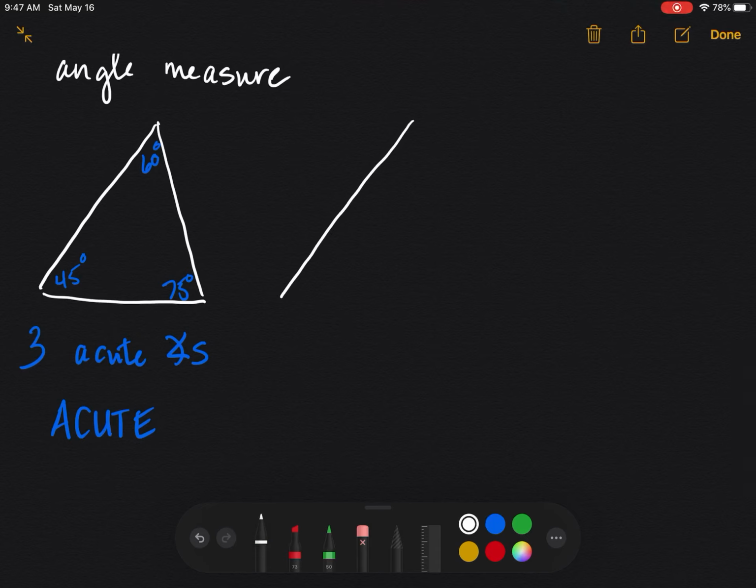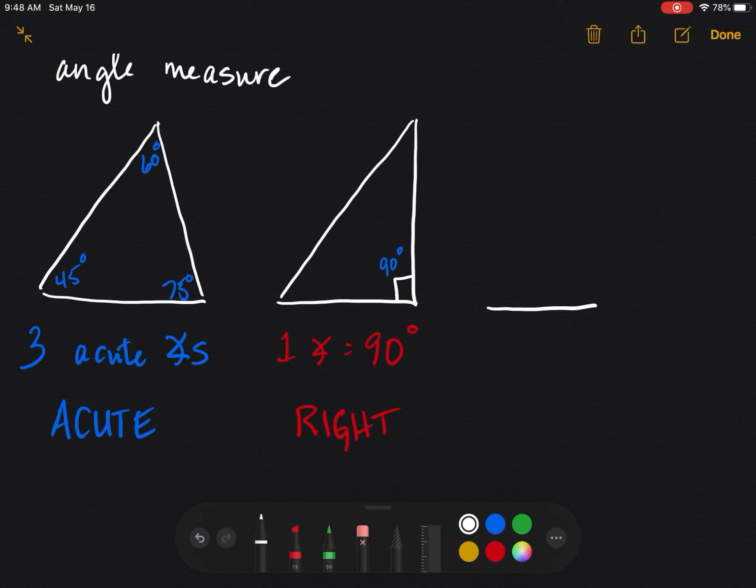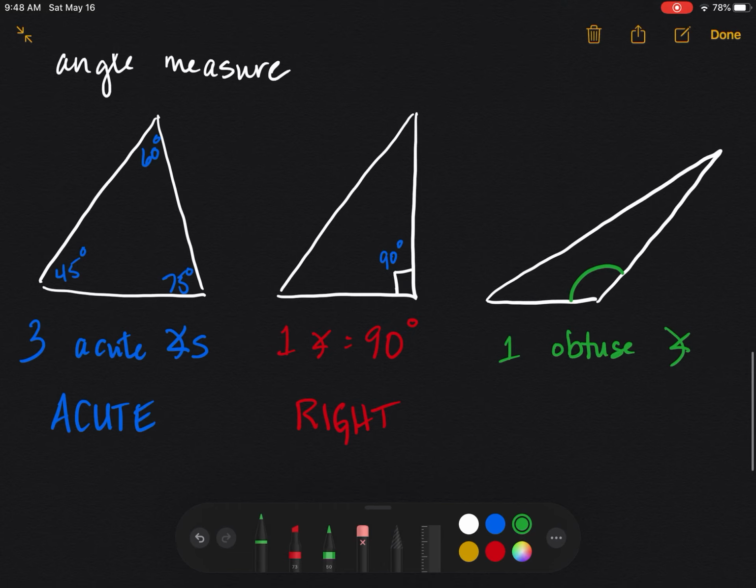Or we can have a right triangle, which means that one angle is 90 degrees. So one angle equals 90 degrees makes this a right triangle. And lastly, we can have an obtuse. Remember, obtuse means greater than 90. So this would be one obtuse angle makes it an obtuse triangle.